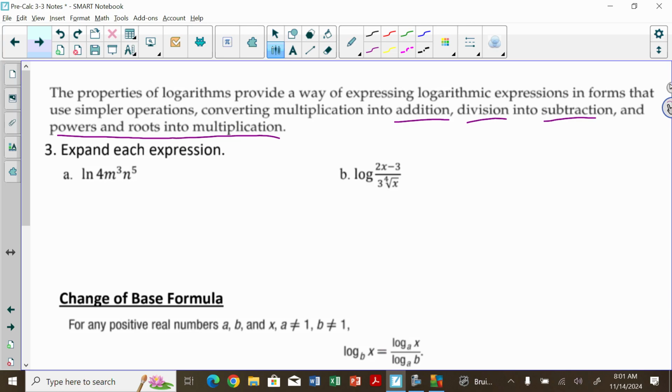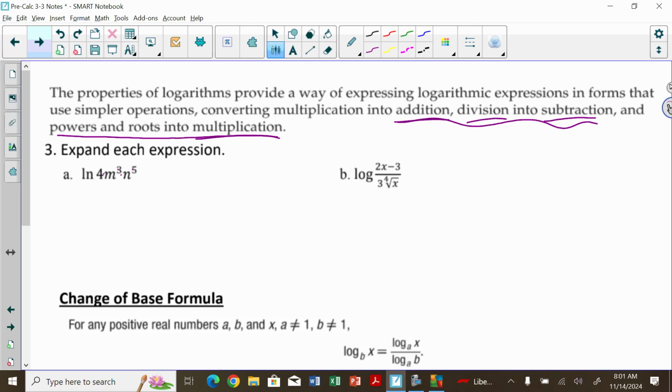You take the powers and roots and try to make them into multiplication. So here we're going to kind of expand these into a longer form and take all the multiplication here. There's multiplication here and here. These are going to turn into addition, subtraction, and division. And then the powers and roots here that you see, we're going to try to make those into multiplication.